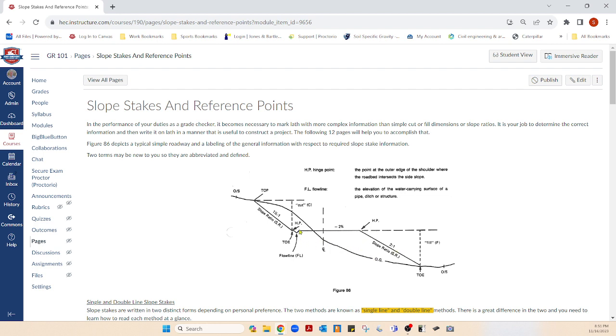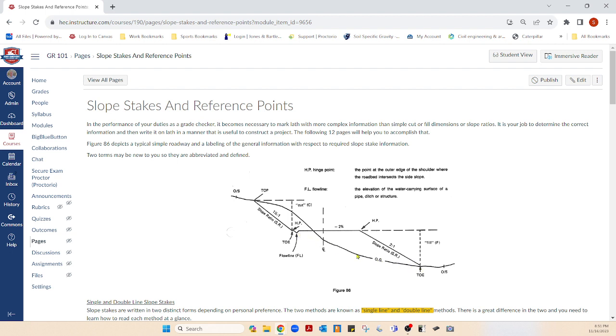To get to this point from here, you would have to say fill this much, which would be a little bit less than this because, see, this is 2% going down. So this fill would be to right here a little bit different.